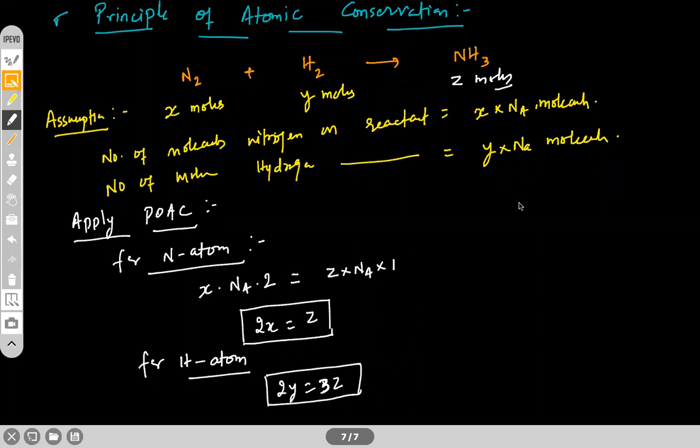Very good, guys. Now you see what we get from here. All of you concentrate here. I want to establish a relation among X, Y, and Z. So we have 3Z here. Can I write 6X equals 2Y equals 3Z? I want all of you to respond. Is it right?